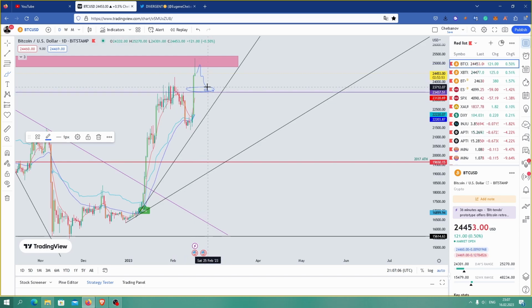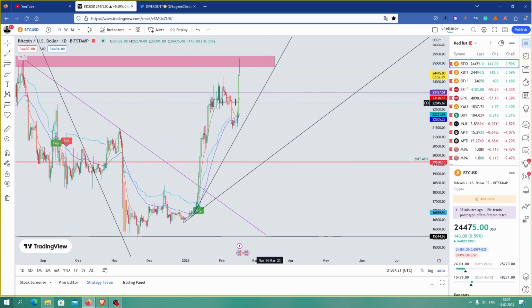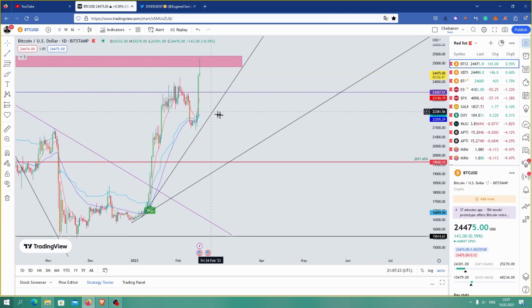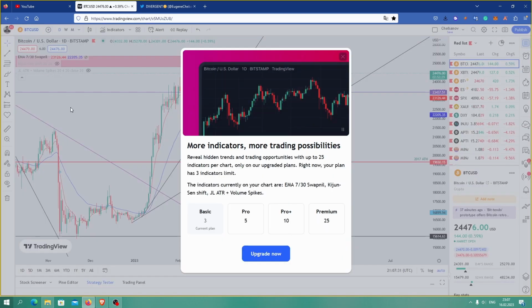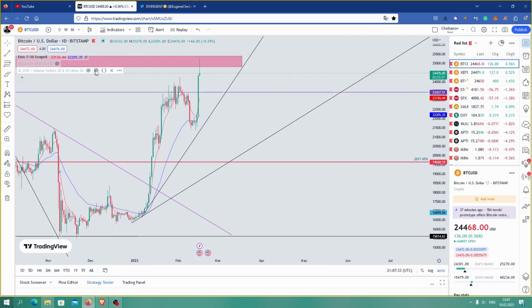If we reverse there and break it finally, then we are going for new highs and we are bullish. If not, then we are going to talk about the other scenarios that I mentioned earlier, the possibility of closing the monthly not as bullish as everybody thinks.